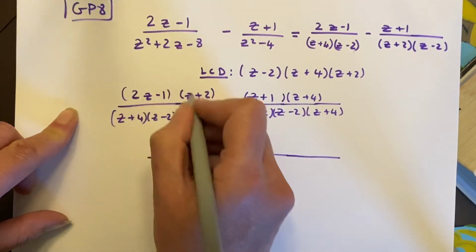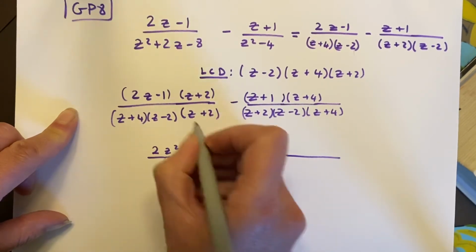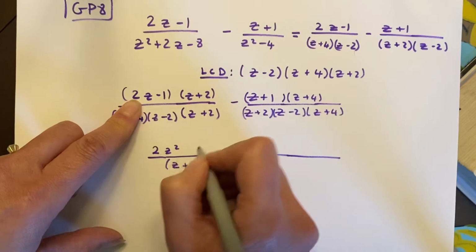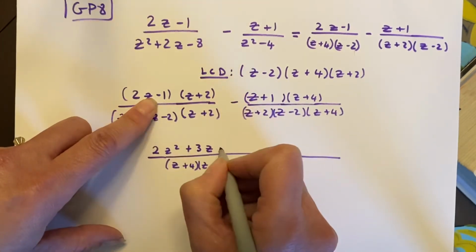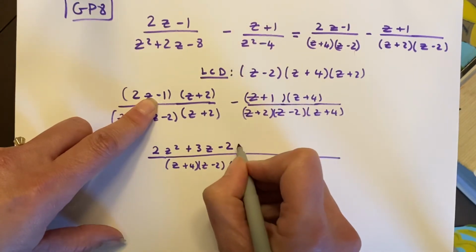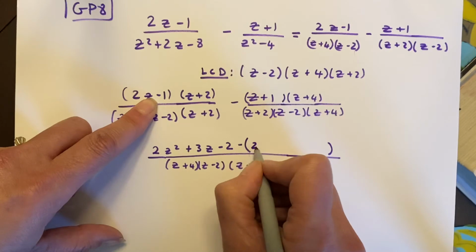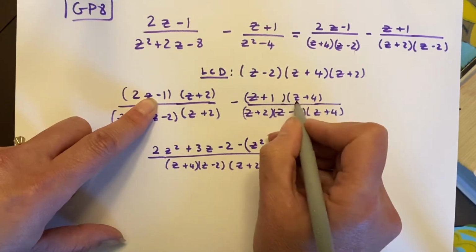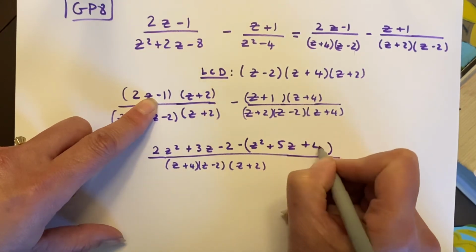So I have 2z times z is 2z squared, minus z plus 4z is going to give me plus 3z, and 2 times negative 1 is minus 2, minus, in parentheses, I have to multiply this out, z squared plus z plus 4z is plus 5z plus 4.